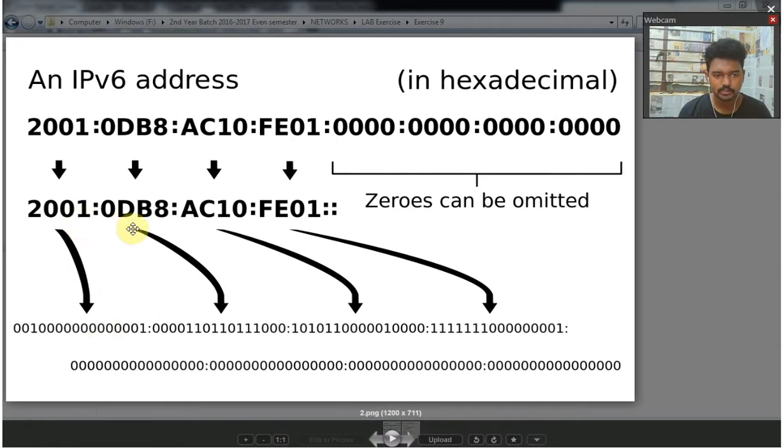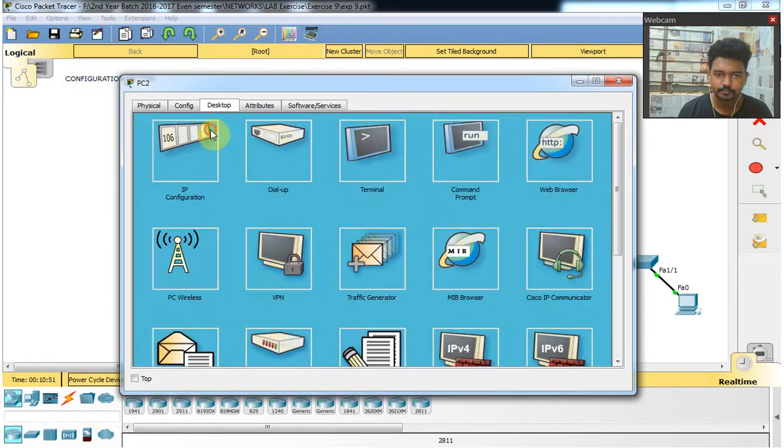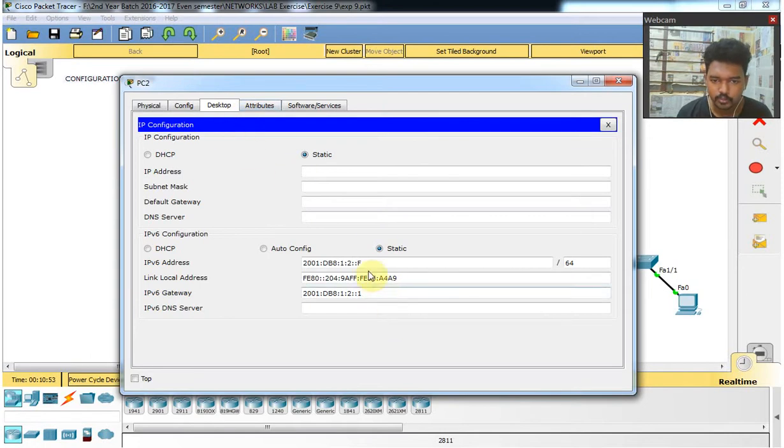If there are zeros, the person can omit the leading zeros, or they can put a colon instead. Similarly, as I demonstrated over here, I didn't mention anything, they are just simply 2 colons.